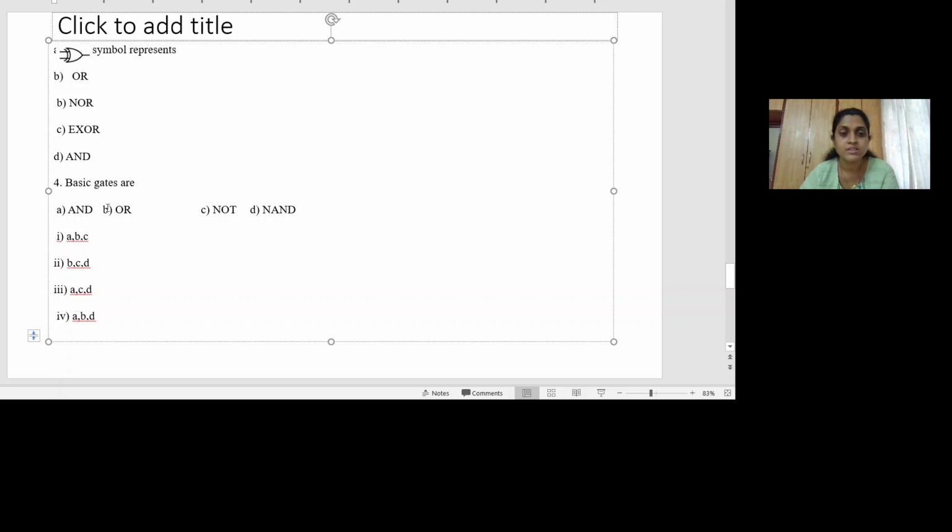The basic gates are AND, OR, NOT. So the correct answer for this fourth question is A, B, C. That is choice 1. AND gate, OR gate, NOT gate are called the basic gates, whereas NAND, NOR are called universal gates.